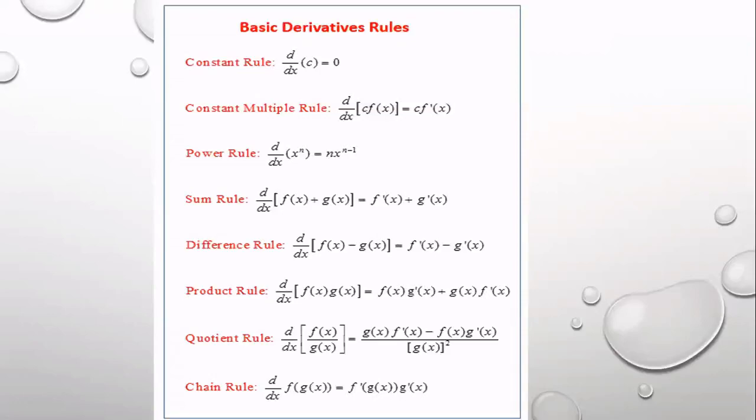Today we will see three more. One, constant multiple; second, power rule; third, sum rule; fourth, difference rule; fifth, product; sixth, quotient; seventh, chain rule. We call it the sum and difference rule together here, sum separate, difference separate. There are seven rules, and three more rules out of 10.